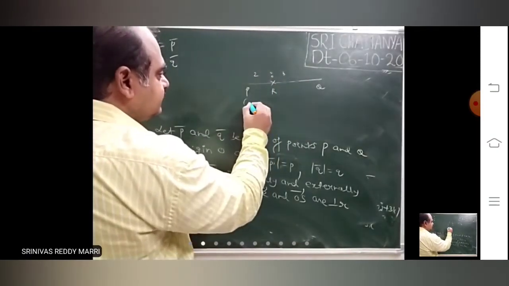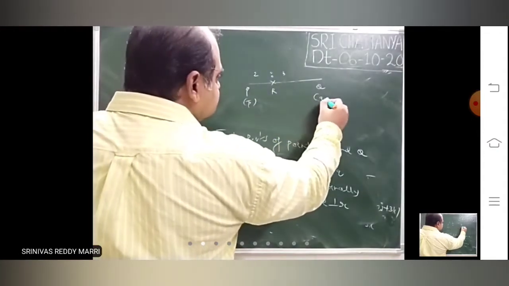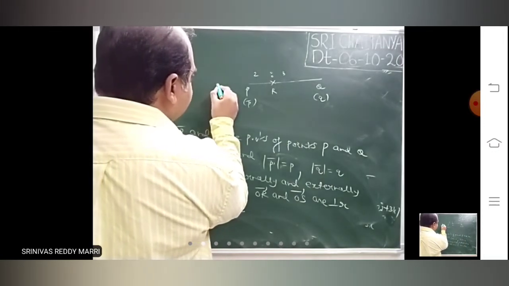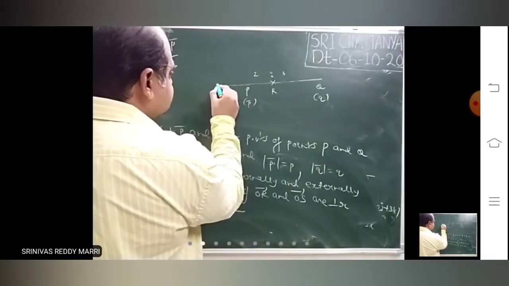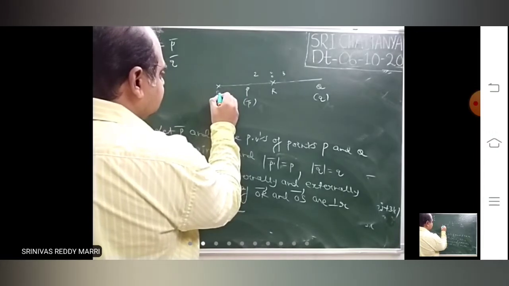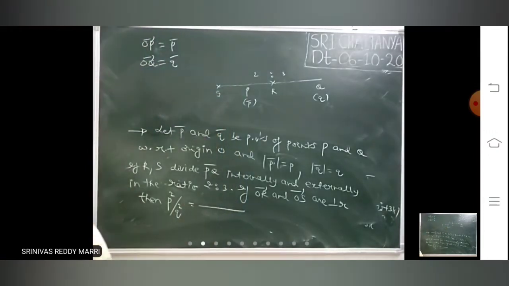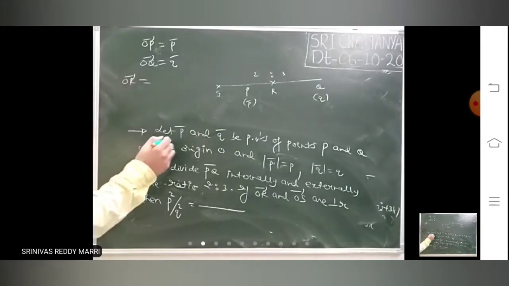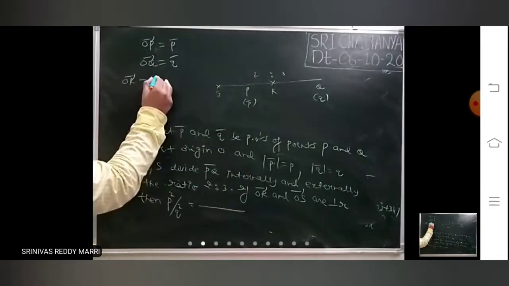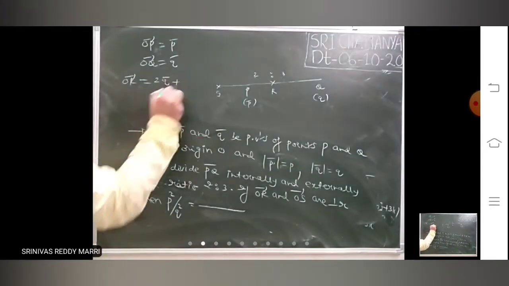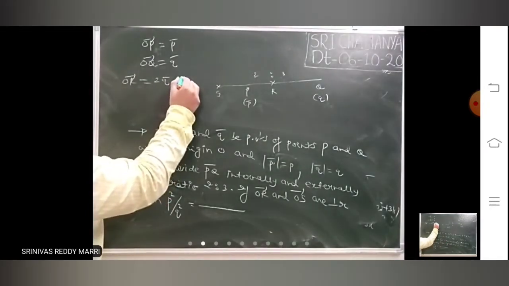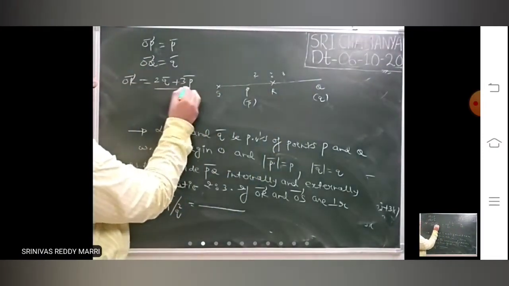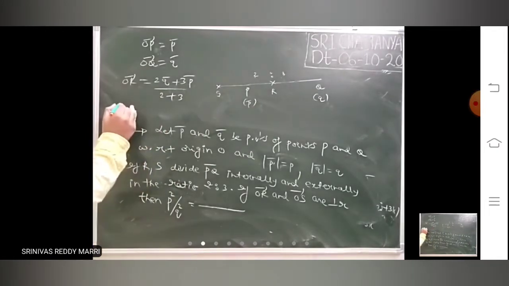You know how to write. This is P bar, this is Q bar. And similarly there is another point, dividing externally in the ratio. You know how to write. OR bar is 2 into Q bar plus 3 into P bar divided by 2 plus 3.